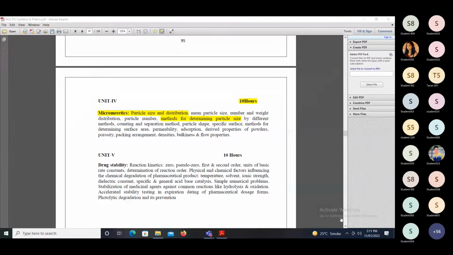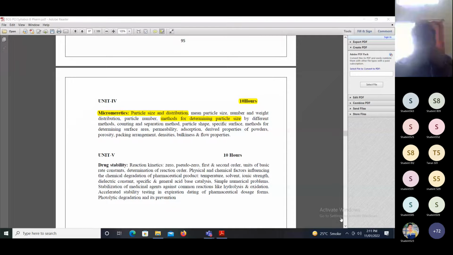The first is the sieving method. Then the second one is the sedimentation method. Then the third one is the optical microscopic method. These are the methods used for determination of the size range of the particles.